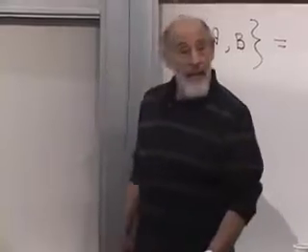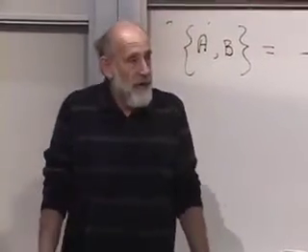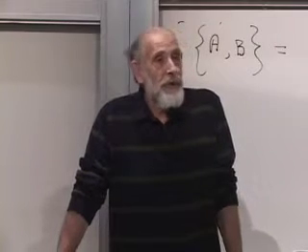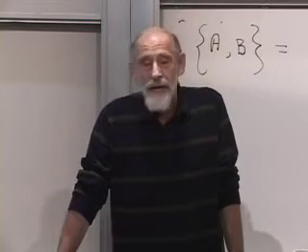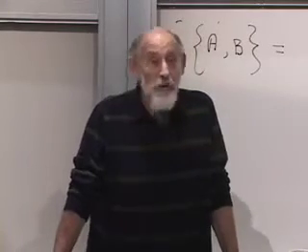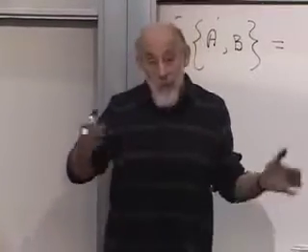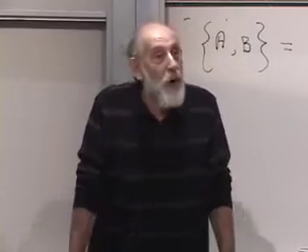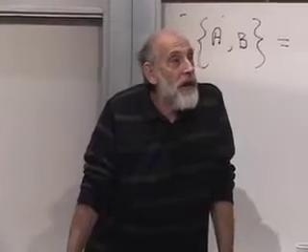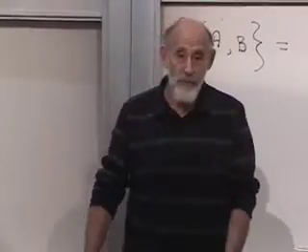What's the simplest thing that A could be? P? Well, P is pretty simple. What else? Anything simpler? How about zero is very simple. 1 is pretty simple. Just the function 1. The function which is everywhere the same on the entire phase space, doesn't vary on the phase space.